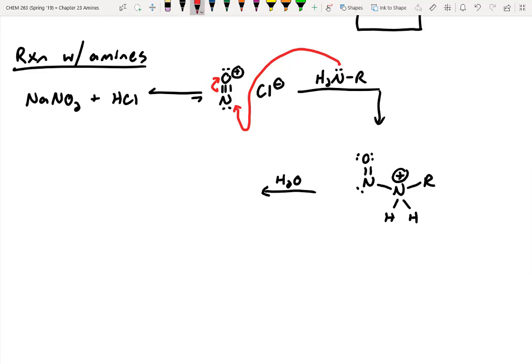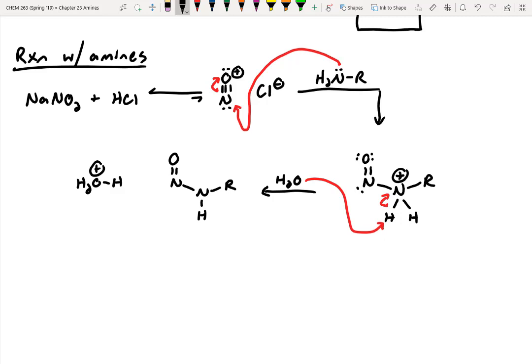So if you want, you can write minus H+. I'm just going to show water doing that deprotonation step. And then our conjugate acid is the hydronium ion.